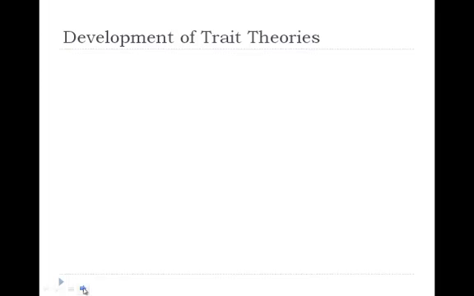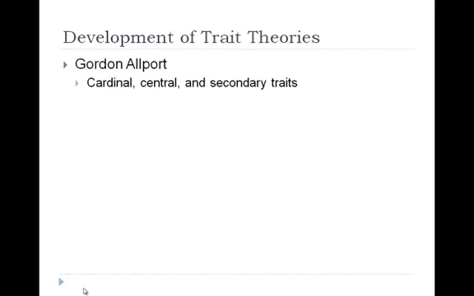And to understand where it is now, we have to look at the development of the trait approach, or the trait theories. If you think about it, there's not only one single trait theory. One of the earliest figures, obviously, is Gordon Allport, who talked about this hierarchy of traits: cardinal, central, and secondary traits.